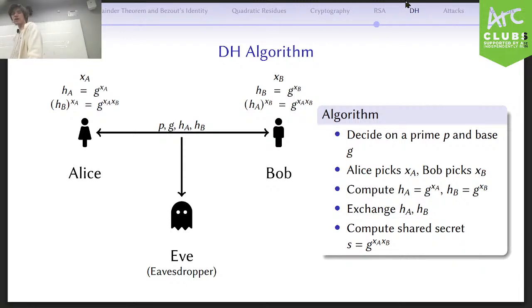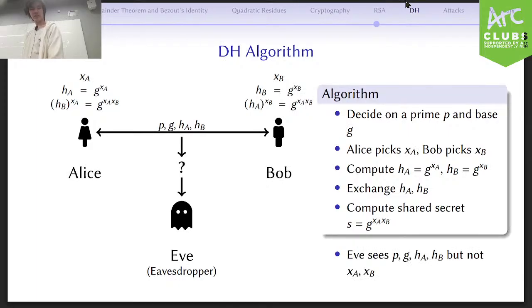If Eve wants to find Alice's secret number XA, then Eve will have to find some number XA such that G to the XA is equal to HA. But this is very computationally difficult when you use really big numbers. So Eve cannot do this. And this is how Diffie-Hellman works, basically.